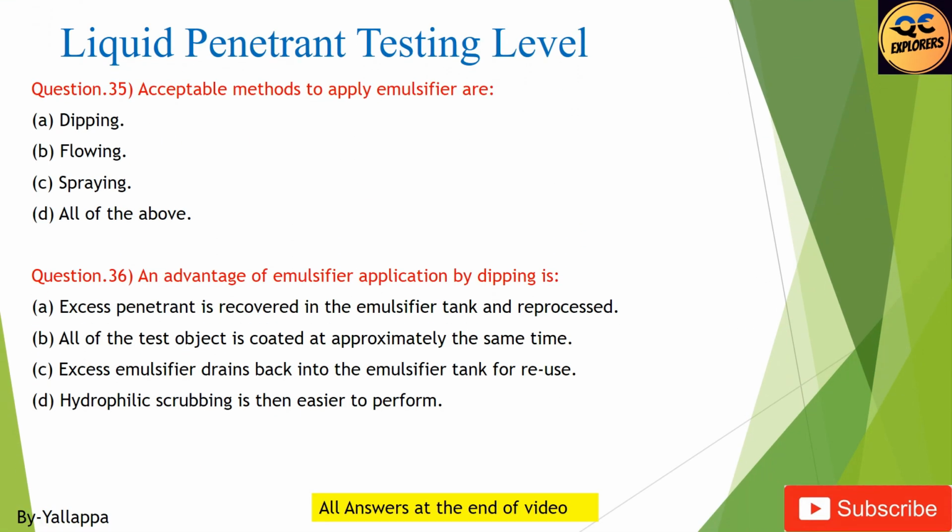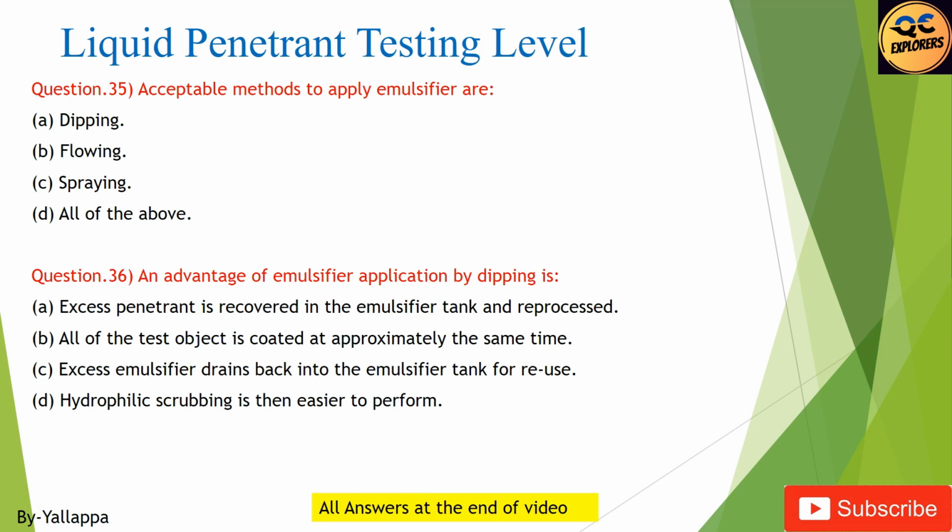Question point 35. Acceptable methods to apply emulsifier are dipping, flowing, spraying. All of the above. Question point 36. An advantage of emulsifier application by dipping is, excess penetrant is recovered in the emulsifier tank and reprocessed. All of the test object is coated at approximately the same time.